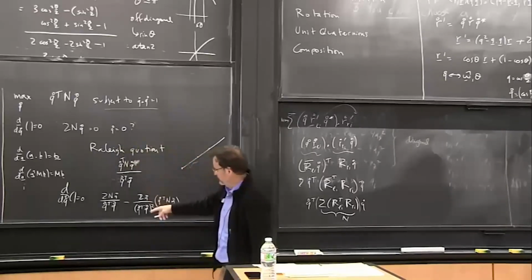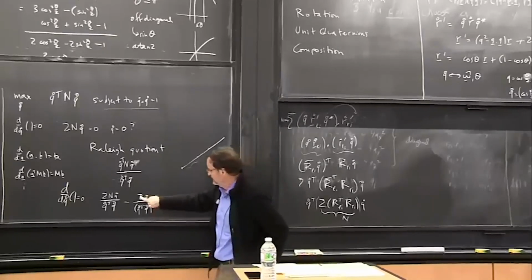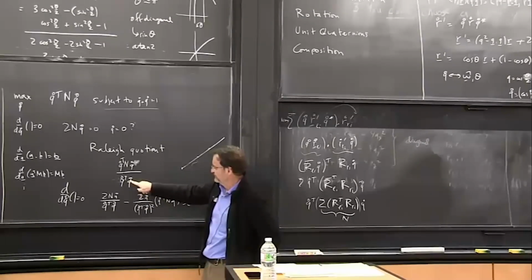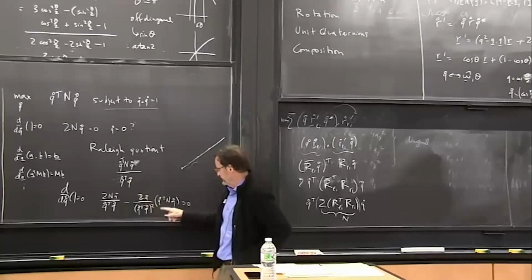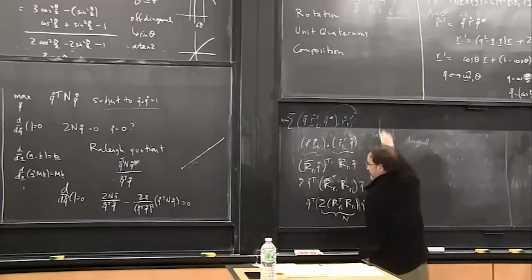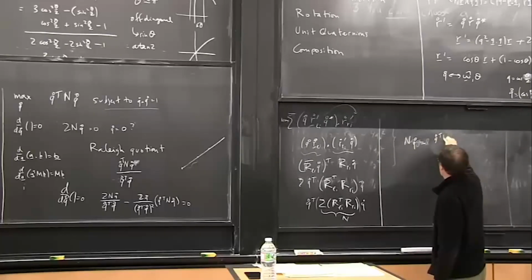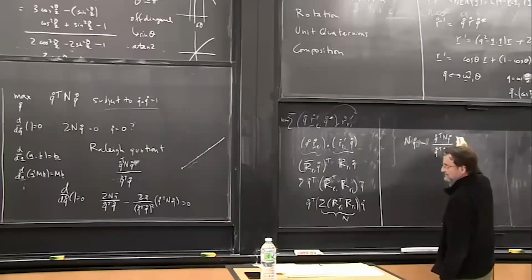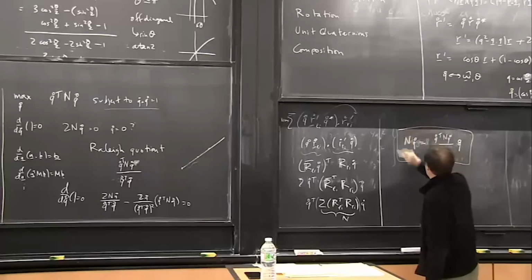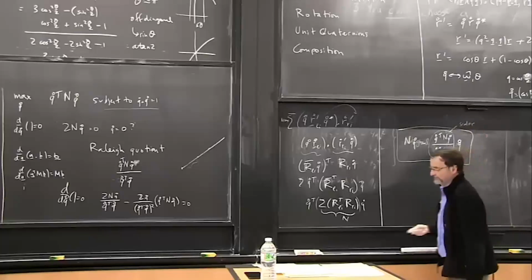So this is just the formula for taking the derivative of a ratio. And this 2q here is the derivative of q transpose q with respect to q. And then this is supposed to be 0. So that means that nq is some multiple of q, and this, of course, is a scalar, some constant.